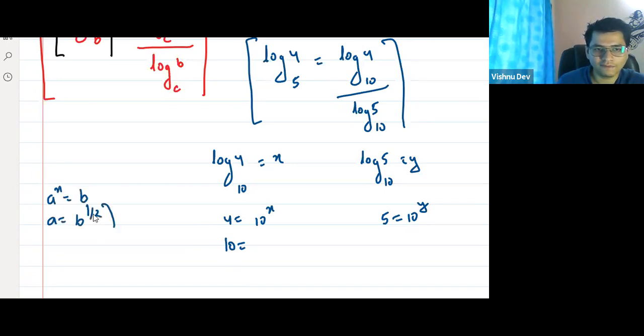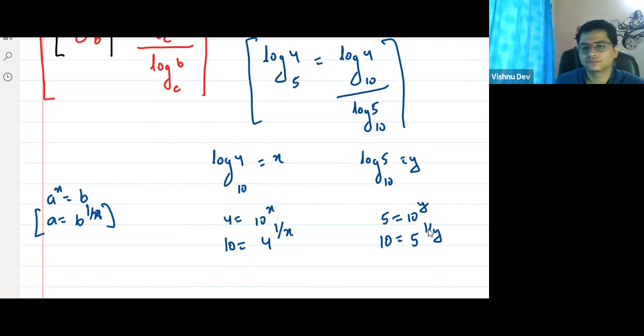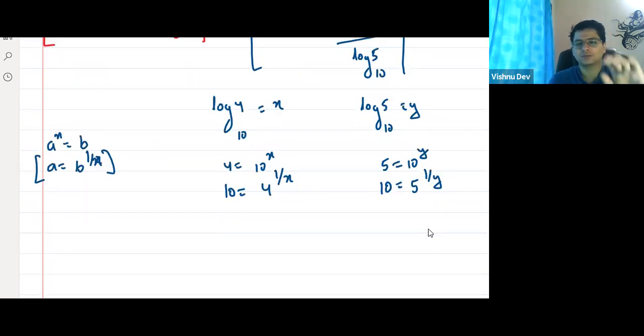Do you remember this property? So 4 is equal to 10 to the power x, so 10 is equal to 4 to the power 1 by x. In the same way, here, can I write 10 is equal to 5 to the power 1 by y? Yes, sir. If there is any doubt up to here, raise your hand. Does everyone understand up to here? Raise your hand.